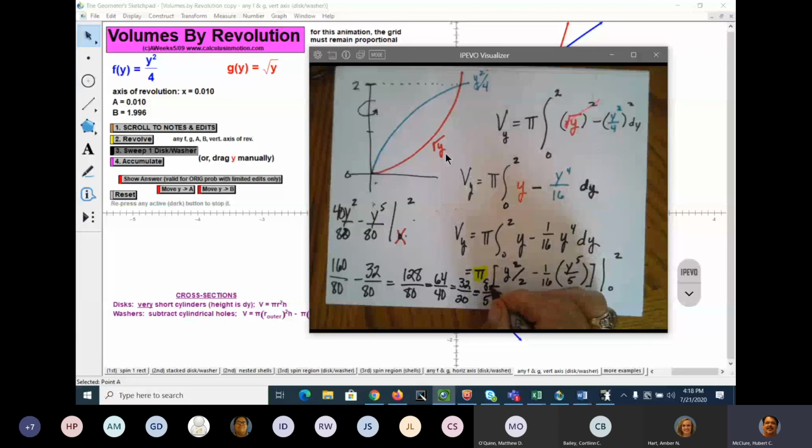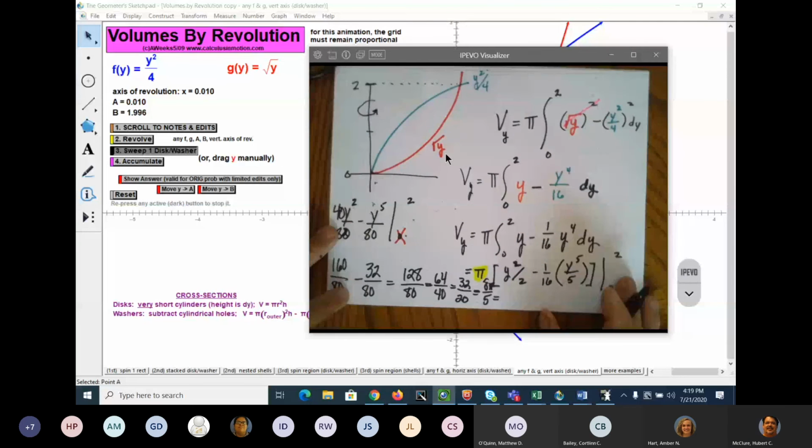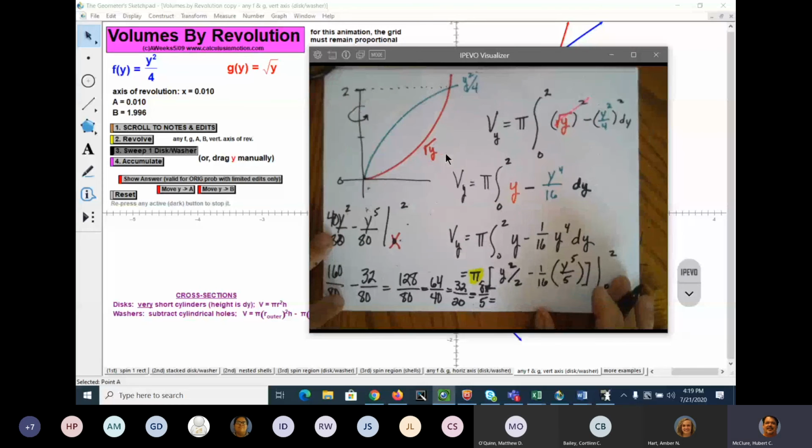Somebody give me a decimal on that. What is 8 pi? 8 times 3 is 24 divided by 5. That'd be close to 5, 4 point something. What does it come out to be? Somebody got a calculator handy?